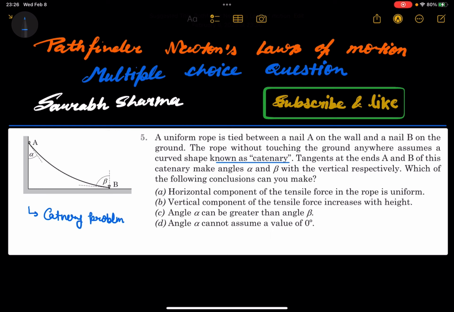Which of the following conclusions can you make? Horizontal component of the tensile force in the rope is uniform. Vertical component of the tensile force increases with the height, and angle alpha can be greater than angle beta. Angle alpha cannot assume a value of 0 degrees.